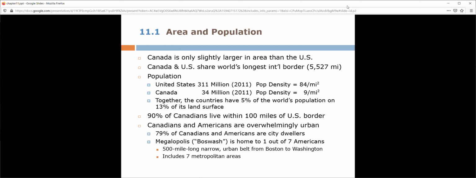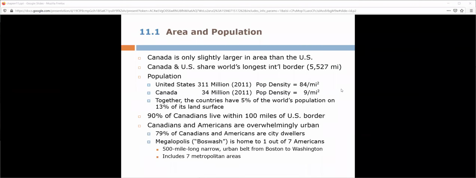Most Canadians, it says 90%, I think the number is actually higher nowadays. Most Canadians basically live on the US border or right next to it. Every major city in Canada is on or near the US border because northern Canada is just tundra and desolation. That's essentially the idea there.